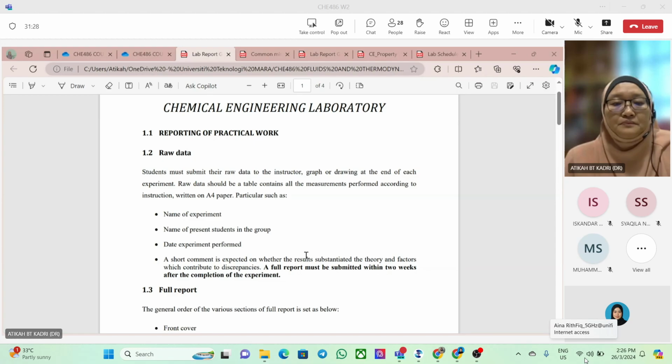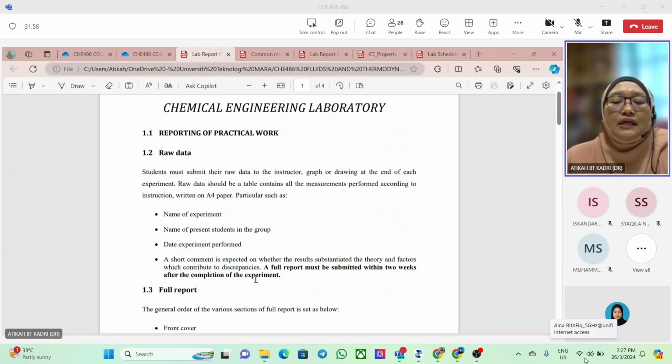This is what you should have on your raw data sheet. It should contain a table of your data, properly tabulated. Then the name of the experiment, who were present during the experiment, and when the experiment was performed.